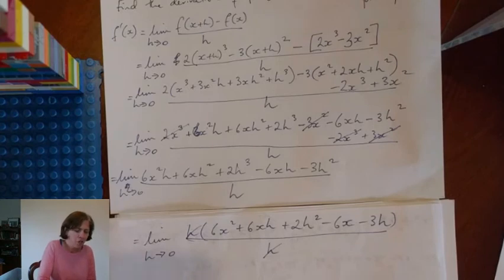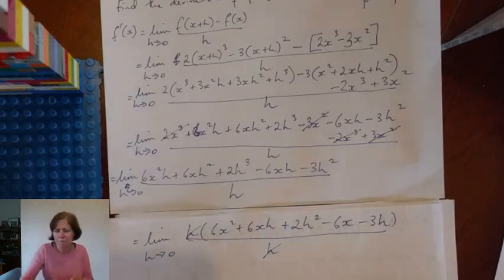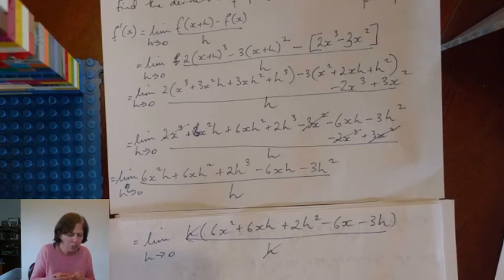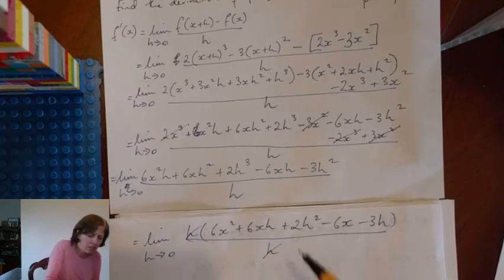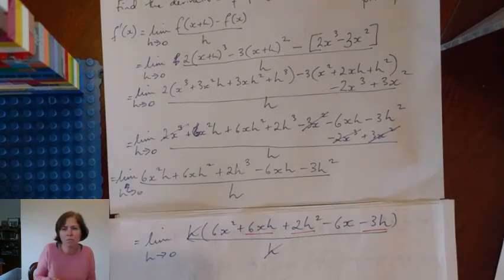Okay, so I've now got the limit as h approaches 0 of this expression in the brackets: 6x squared plus 6xh plus 2h squared minus 6x minus 3h. So what happens now is I effectively substitute h equals 0 into this expression. So this term becomes 0, this term becomes 0, and this term becomes 0.